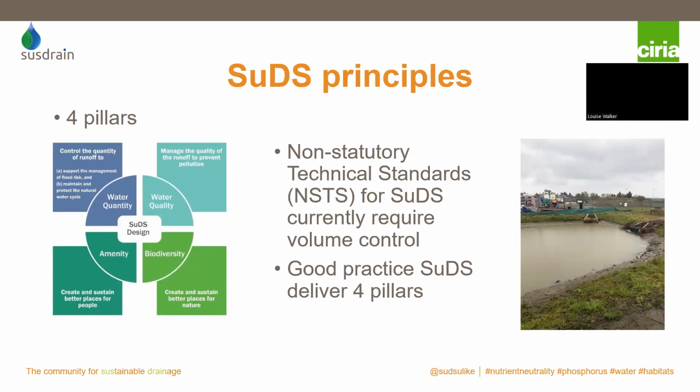So SuDS principles, CIRIA, susdrain, the SuDS manual, for years have talked about the 4 pillars of SuDS. As I mentioned, water quantity, water quality, amenity and biodiversity. The current standards for SuDS require volume control, but what we want to do is to promote good practice in SuDS, which deliver all of these.